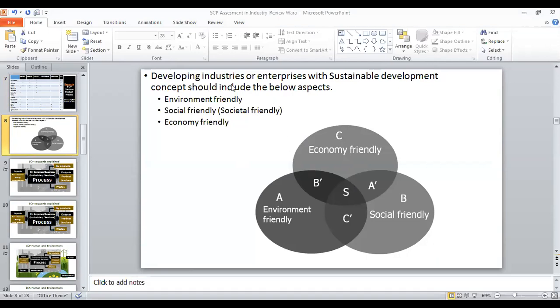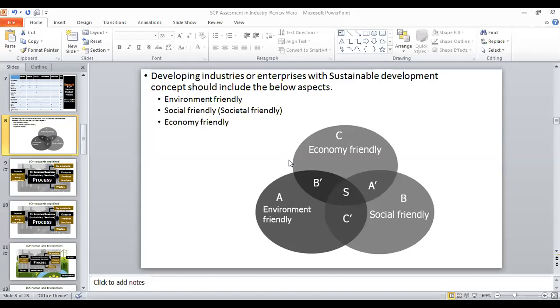This is on developing industries or enterprises with sustainable development concept. It should include the below aspects. So here mainly the 3 aspects I put here. Economy friendly means the prosperity aspect of that sustainable development.